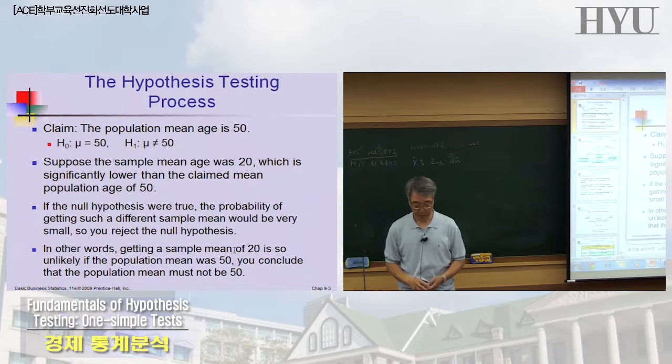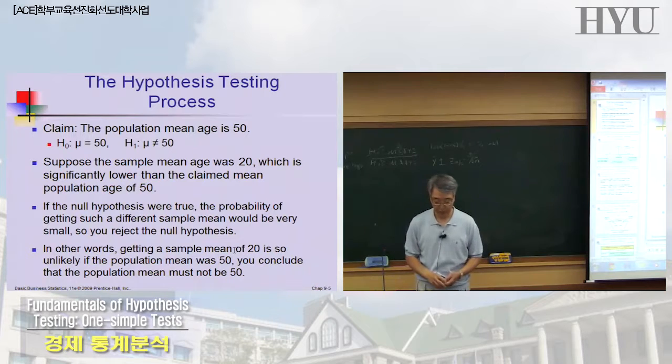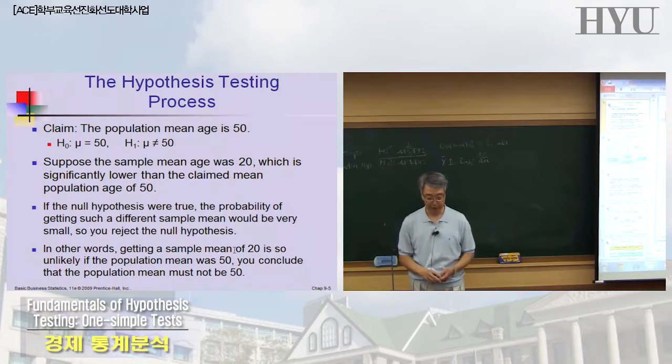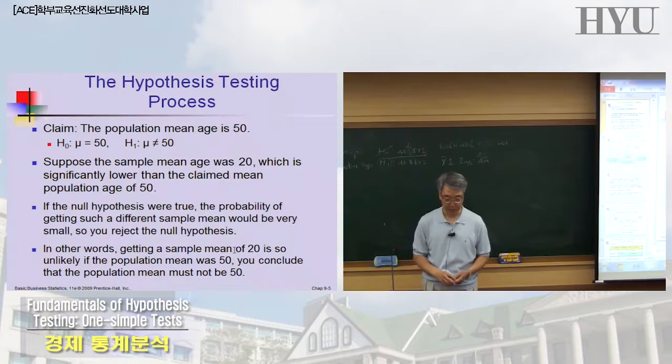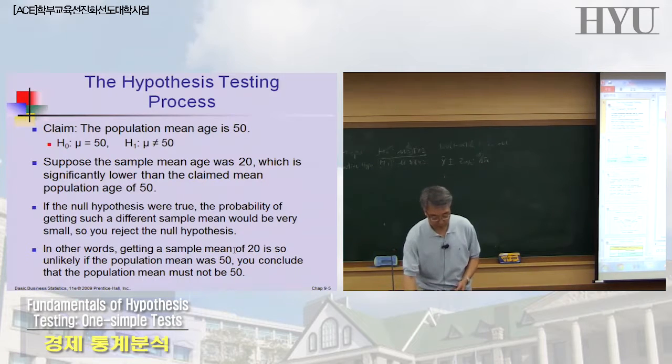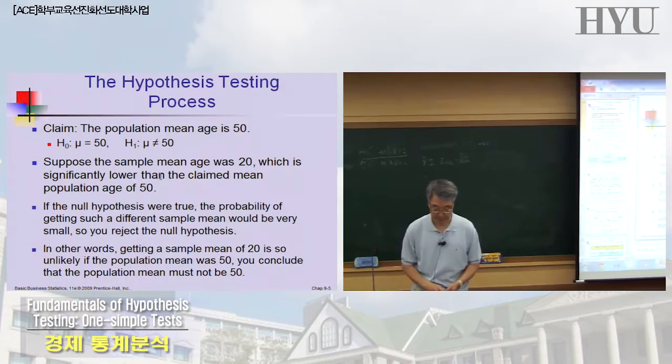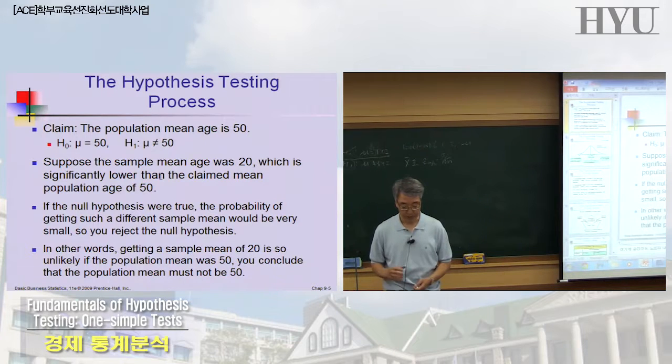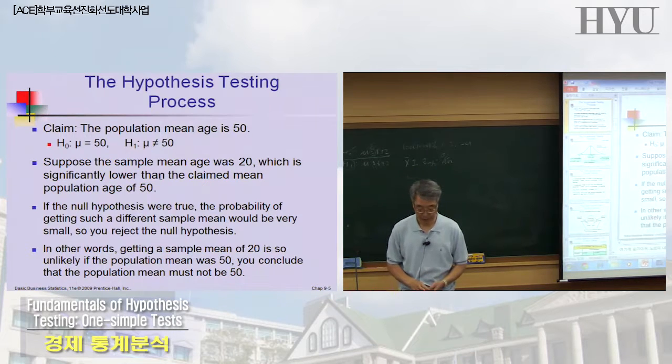Here's another example, or actually a little more detailed idea about hypothesis testing. Let's say we have a null and alternative hypothesis claiming mu is equal to 50 as opposed to mu is not equal to 50. In order to make the decision, we're going to take a sample and calculate the sample mean.